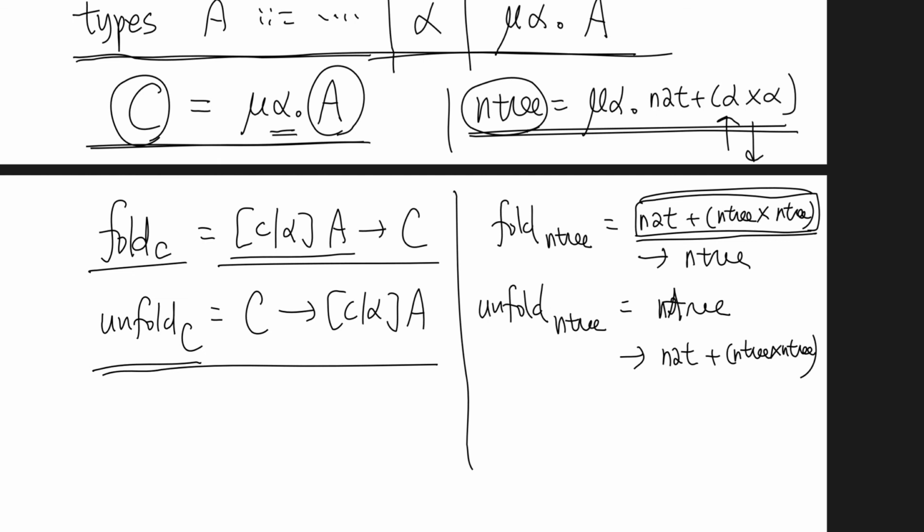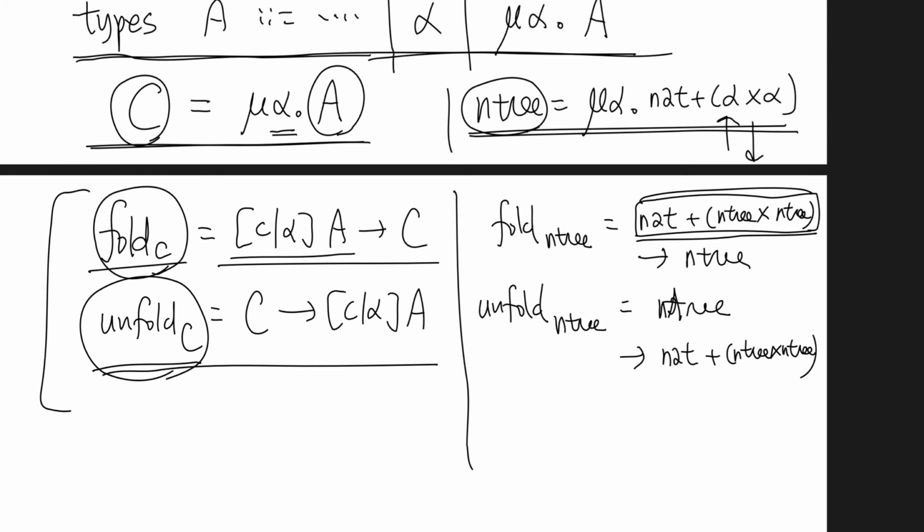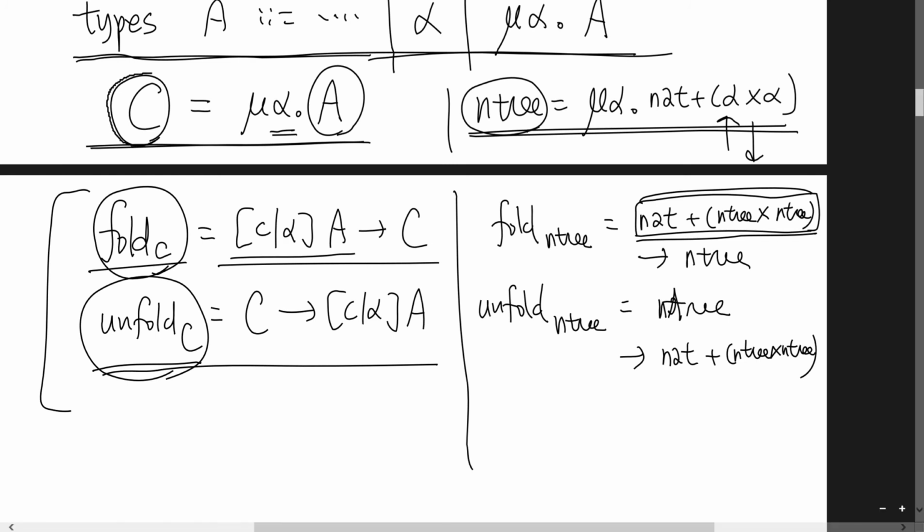And we can formalize further because this fold C is the language construct provided by the type system. So in other words, when you declare this recursive type C with this recursive type expression, then the type system creates these two functions for you.